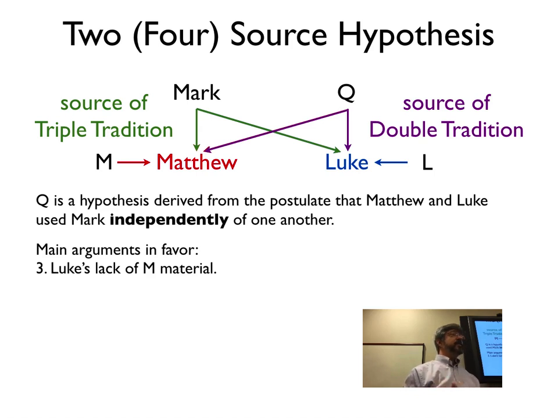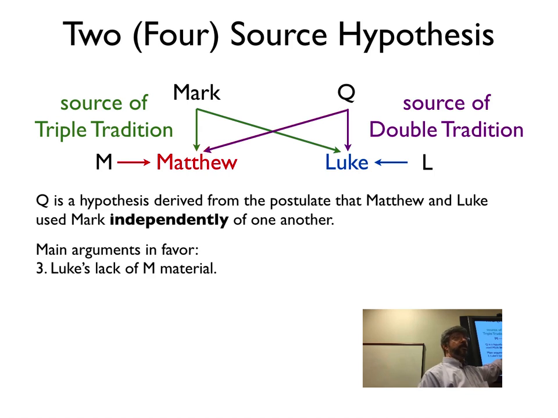The problem here is, if he does bring over something from M, what happens to that material? It becomes Q material. You could say that Q is all the stuff in Matthew that Luke liked, because Q is the stuff that appears in both Matthew and Luke.